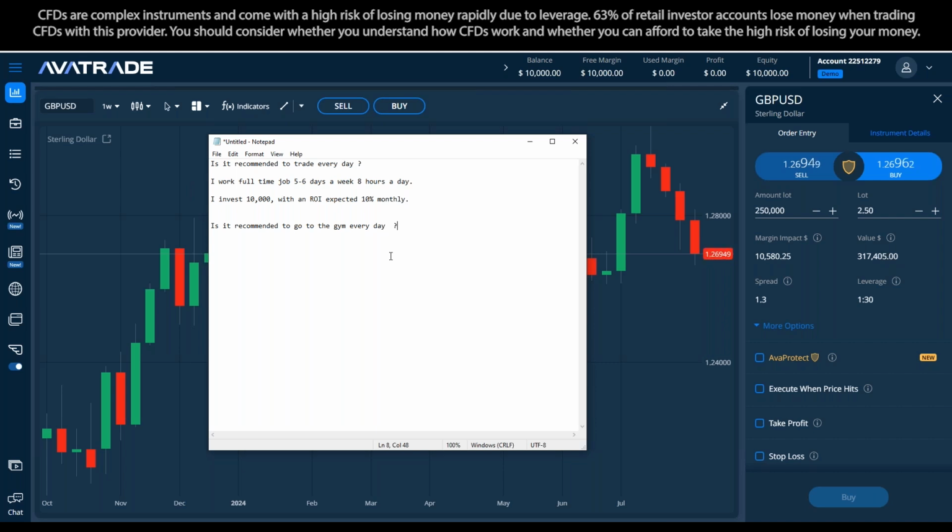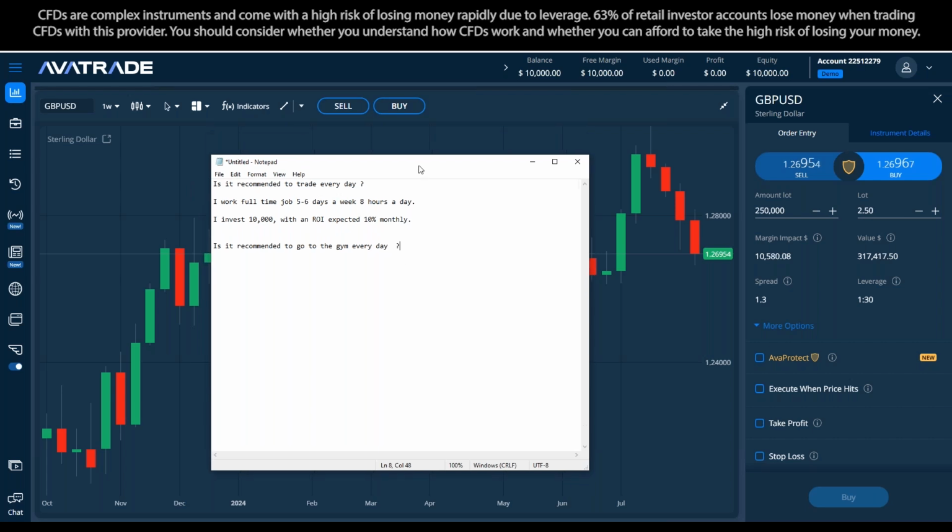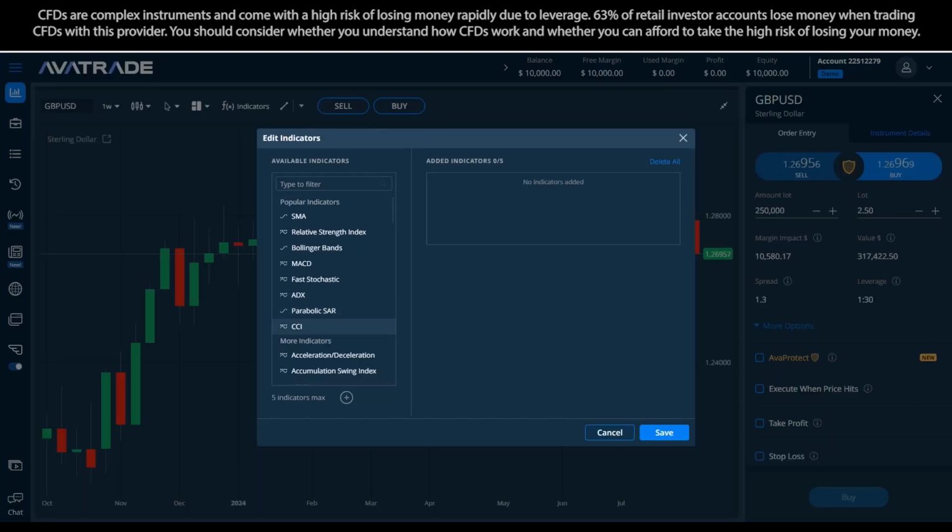So again, it's a matter of choice and it's a matter of what you're planning to achieve. But I have to tell you guys, we now have strategies and we now have indicators that save you a lot of time. So even if you don't trade every day, you can still make unimaginable results. You can still make a lot of money even if you don't trade every day.